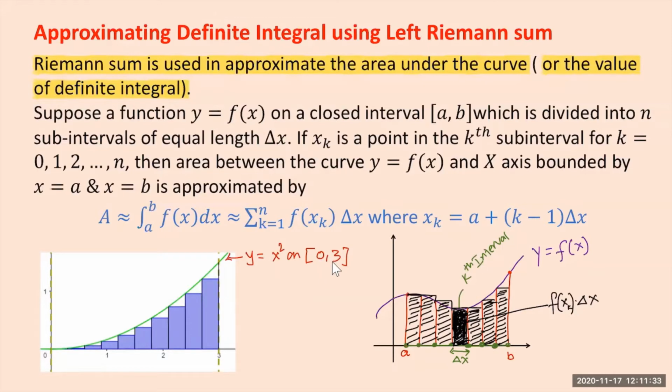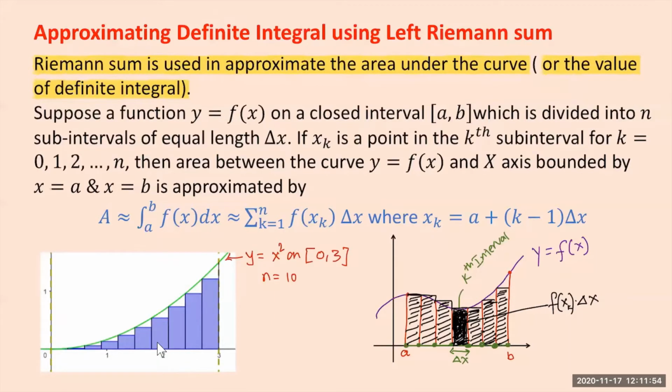So a equal to 0, b equal to 3. Then if I want to estimate the area under the curve, I have to divide this region from 0 through 3 into a finite number of parts. In this case, I have taken n equal to 10. So 10 subintervals are there, you can count.